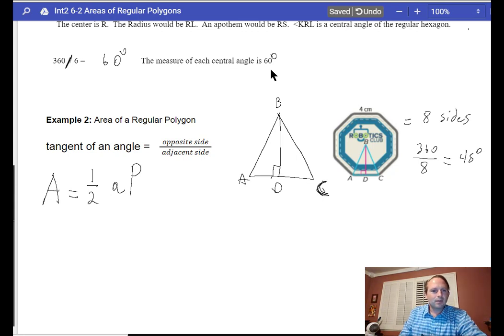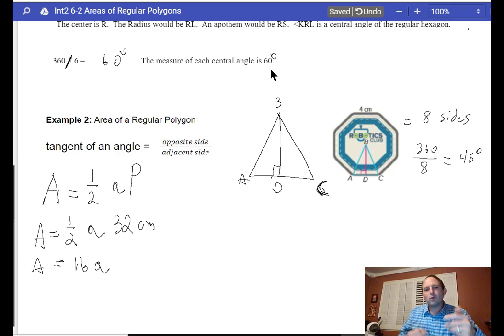If we rewrite this, we get the area equals 1/2 times the apothem times the perimeter, and the perimeter is going to be 8 sides times 4, which is 32 centimeters. Half of 32 is 16 times the apothem. So at the moment, we have to figure out how long that apothem is, and then we'll have our area.